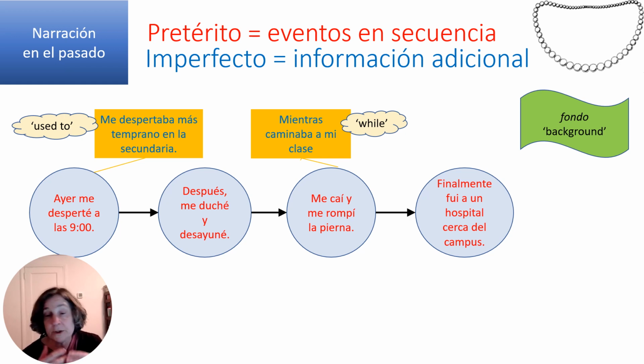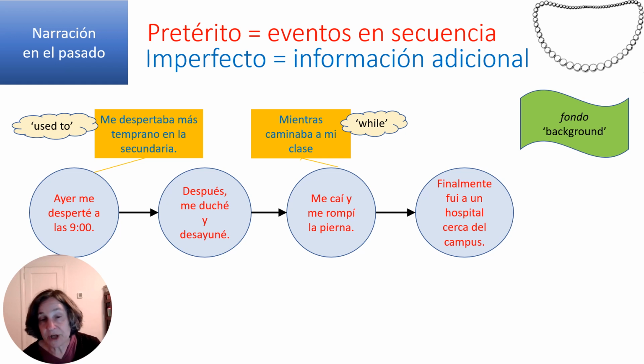I might want to bring up as a background to that the fact that I used to wake up a lot earlier when I was in high school. Me despertaba más temprano en la secundaria. So me despertaba, I used to wake up. Anytime you're talking about used to, and again, this is as background to a specific event that happened during a past narrative, that is going to be the imperfecto.